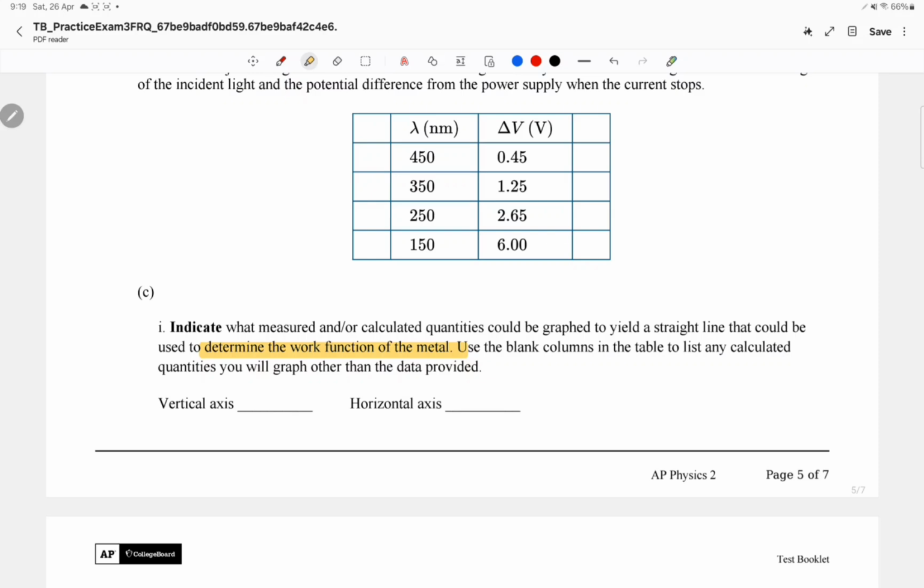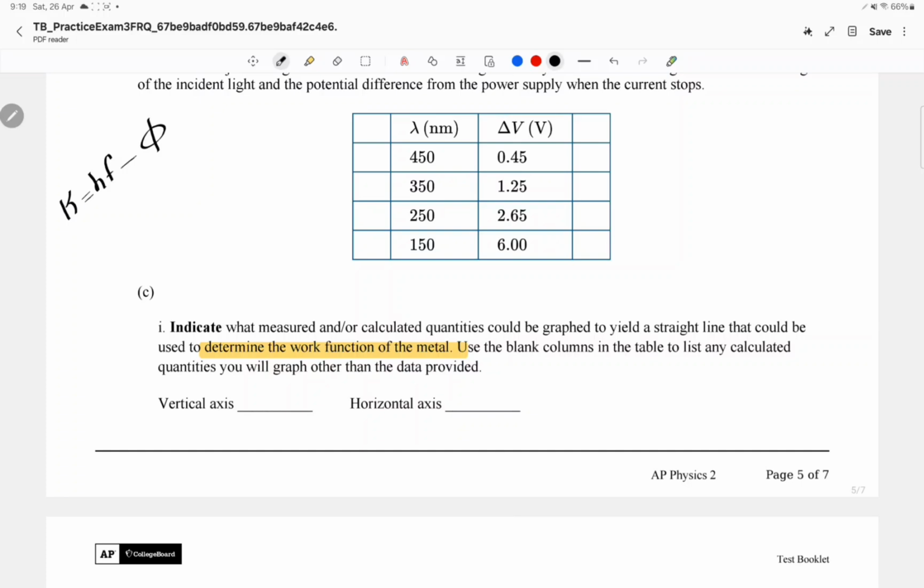Why don't we just look at the equation required? Sure. So when discussing the work function, you must discuss this equation. K is equal to HF minus the work function. Okay. Oh, now it makes sense.